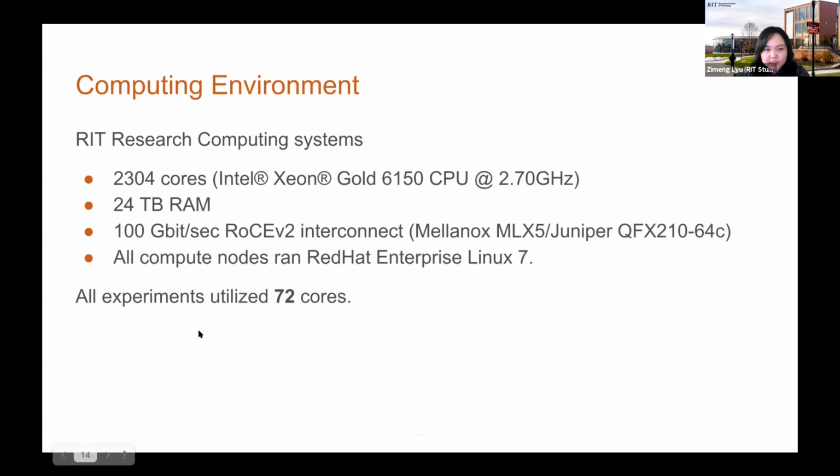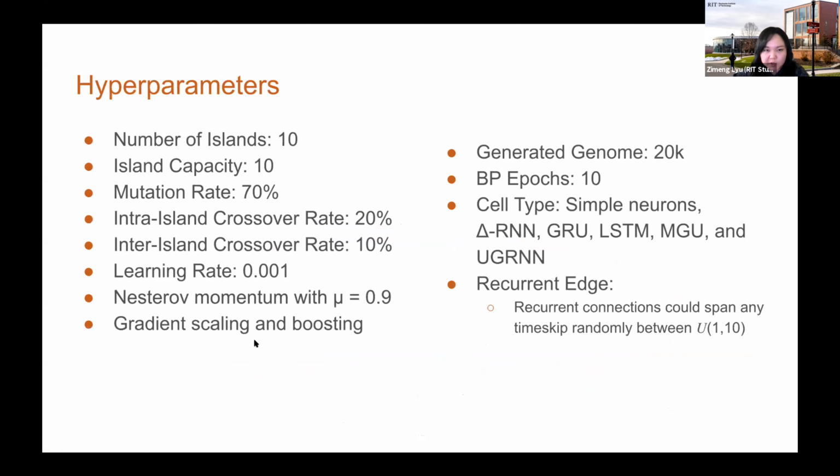We used RIT's research computing cluster to do our experiments. We used 72 cores for all the experiments. For the hyperparameters, we have number of islands at 10, island capacity at 10, mutation rate at 70%, intra-island crossover rate at 20%, inter-island crossover rate at 10%.